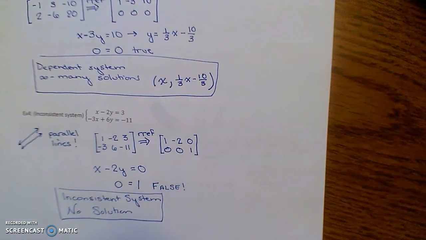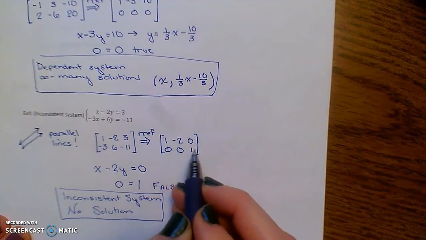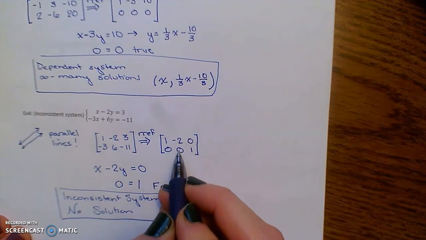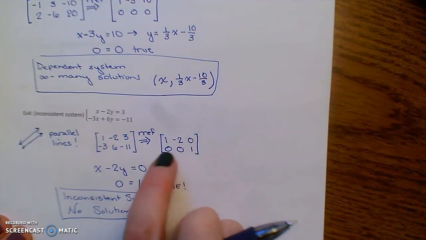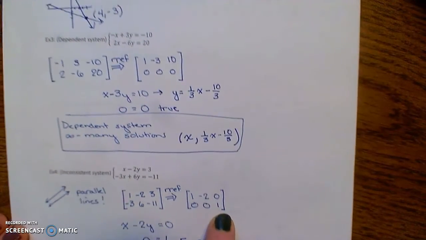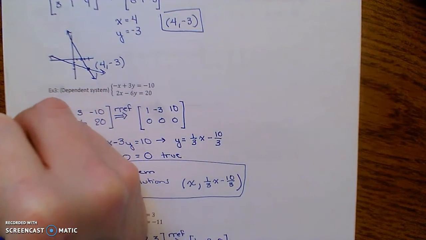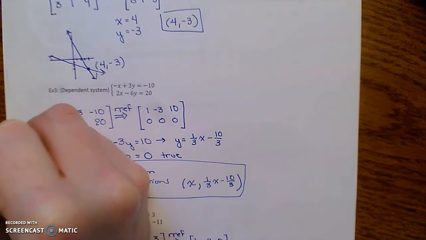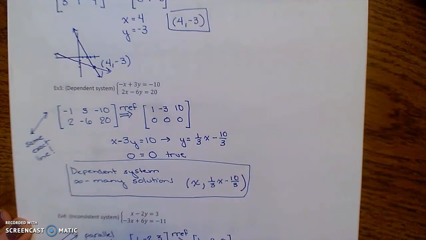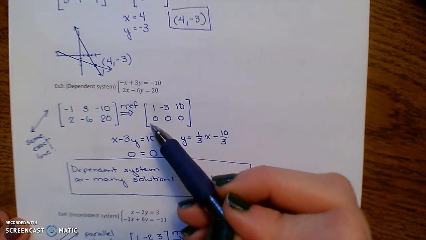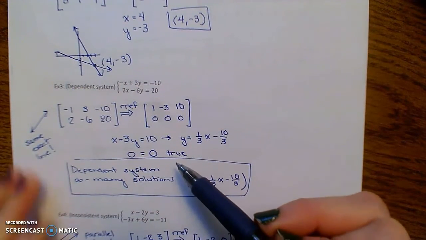All right, so these are our 3 possibilities. No solution happens when you have a row with all zeros and then a number here, because that's going to give you a false equation. A dependent system, and again, this is where you have 2 lines that are actually the same exact line, looks like an entire row of zeros, which is the true equation 0 equals 0.